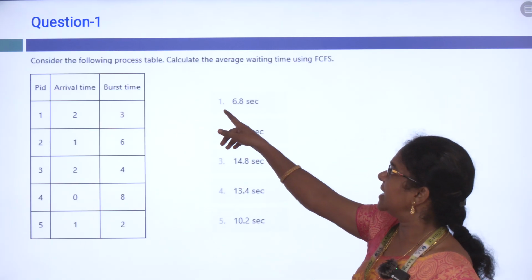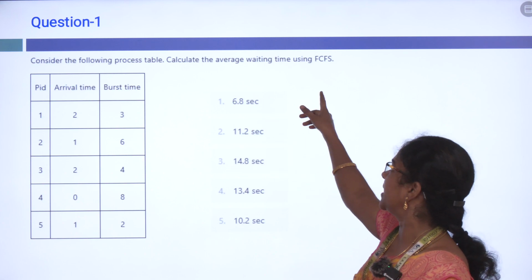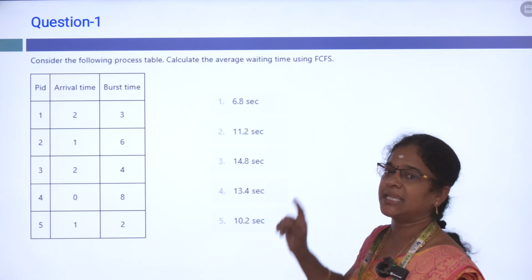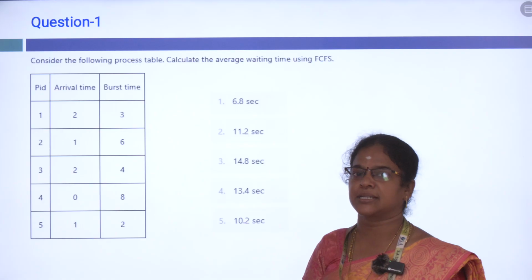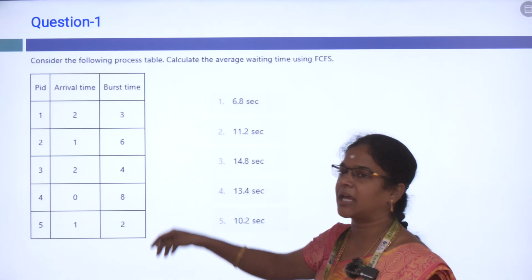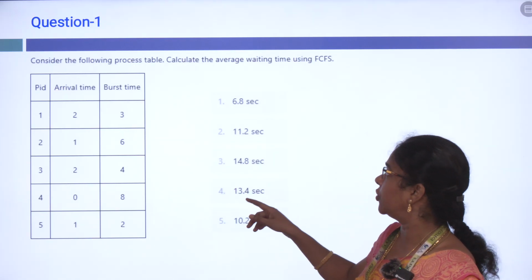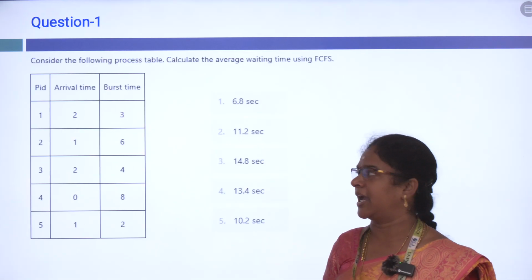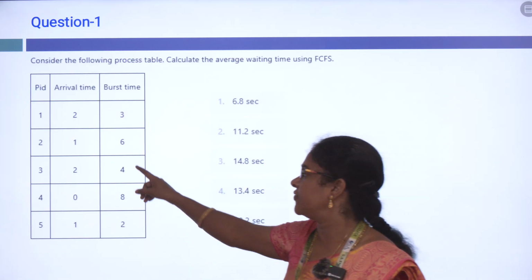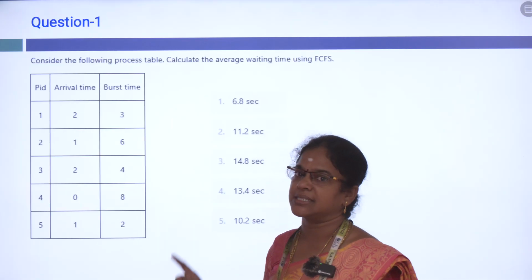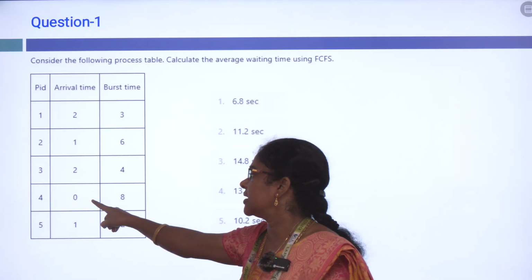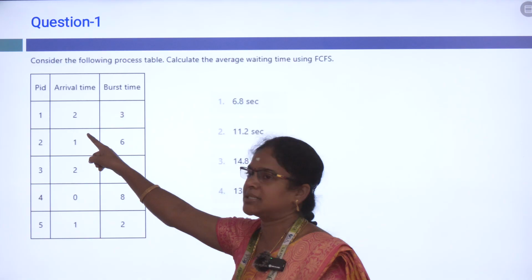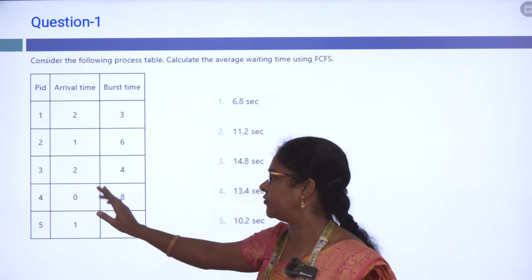First problem: consider the following table, find out the average waiting time using FCFS, first come first serve. Here arrival time and burst time are given, so the first step is you draw the Gantt chart. Whichever arrival time is lesser, that is the FCFS. So we start with process P4, and you assign P1, P2, P3, P4 and so on.